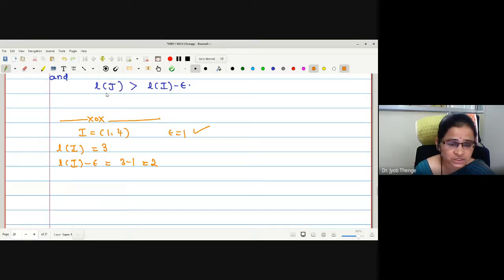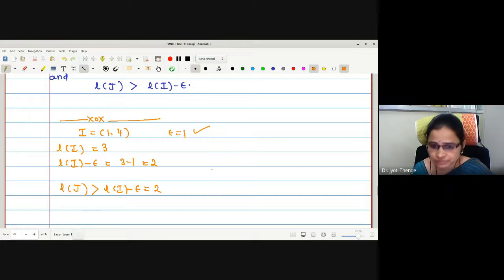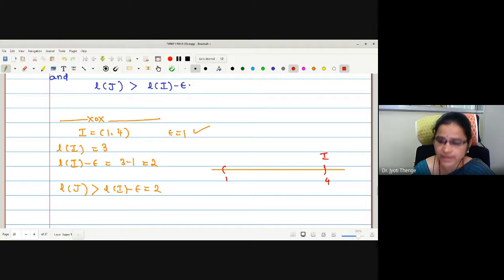Now what is the job? The job is to find out the closed interval J having the length greater than L of I minus epsilon, that is 2. Can we find this? This is the open interval 1 to 4, the original, this is I actually.